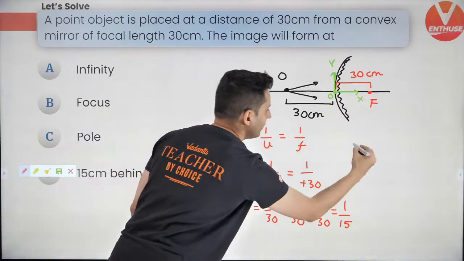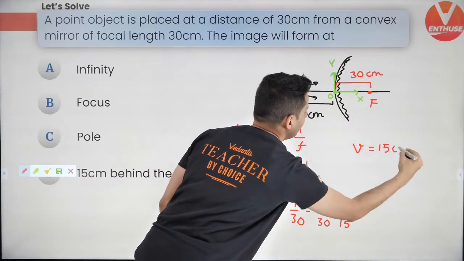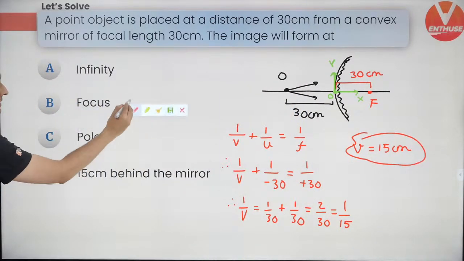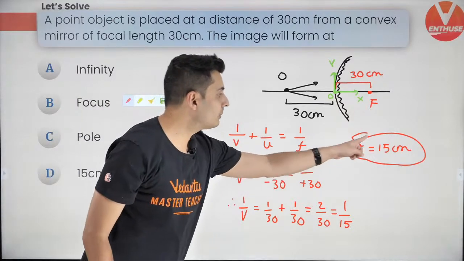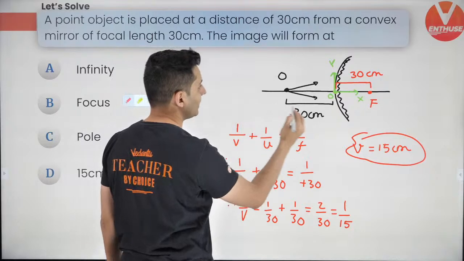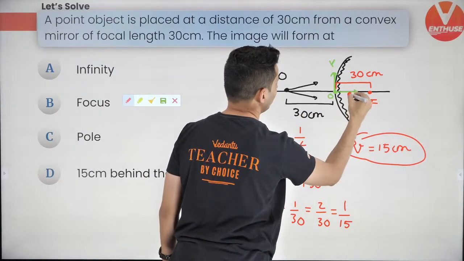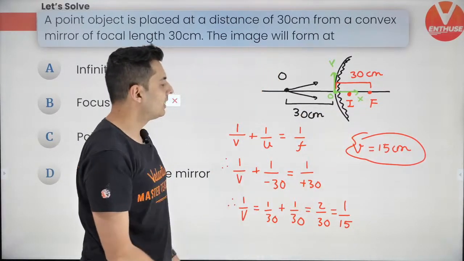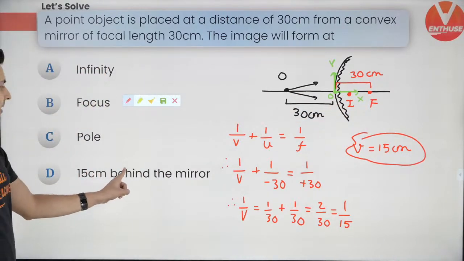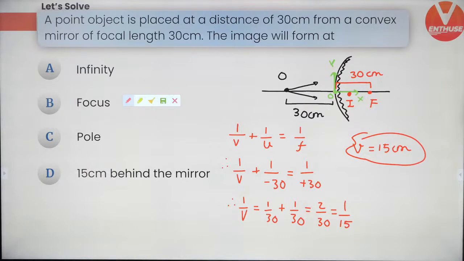Take reciprocal, so v will become 15 centimeters. That is the answer. Since v has come out to be plus 15 centimeters, it means that the final image will be formed somewhere over here. This is where the image is formed and it is behind the mirror. So hence 15 centimeters behind the mirror is the correct answer.